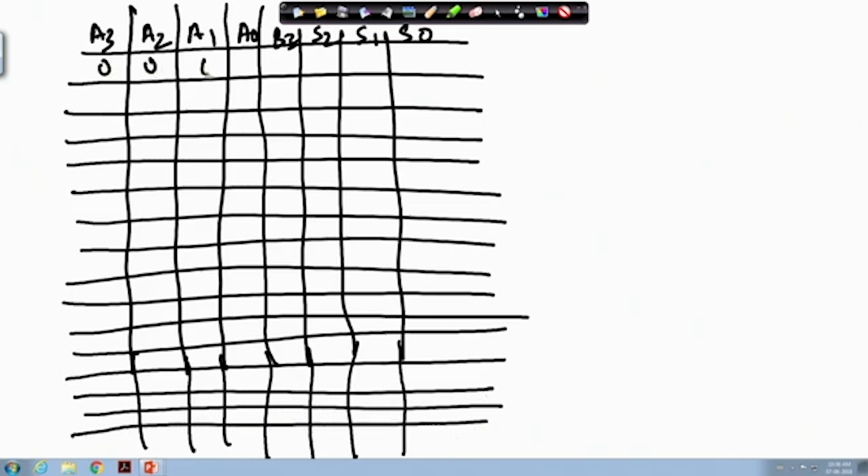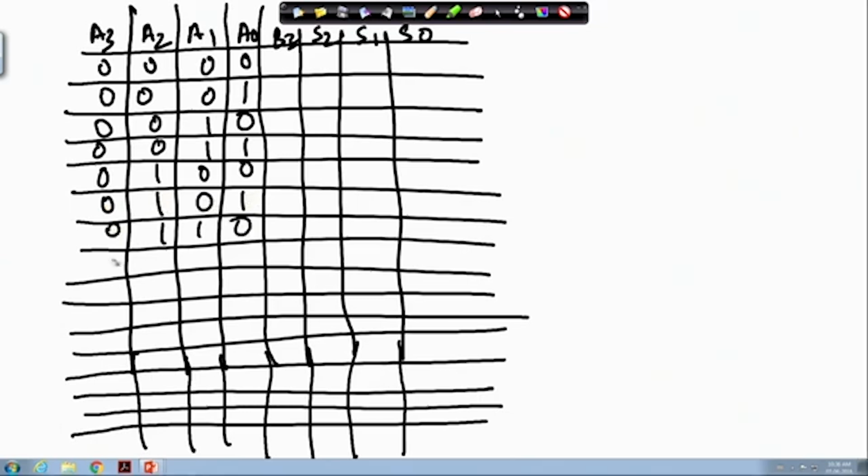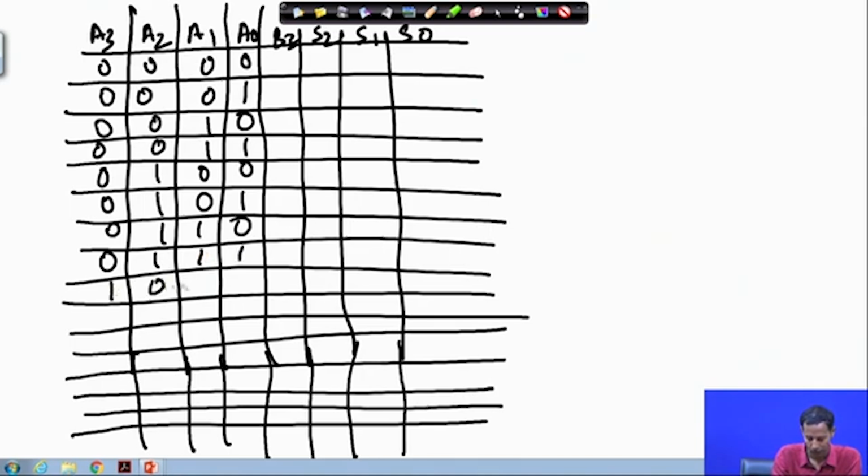So 0, 0, 0, 0, 0, 0, 0, 1. Again I am writing the corresponding truth table for this particular increment circuit. First let me draw this once, then I am explaining. Then this one is 1 1 1 0 and 1 1 1 1.